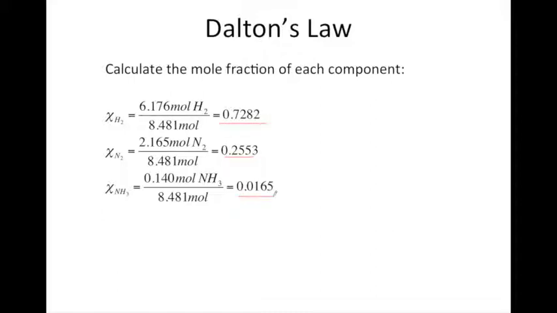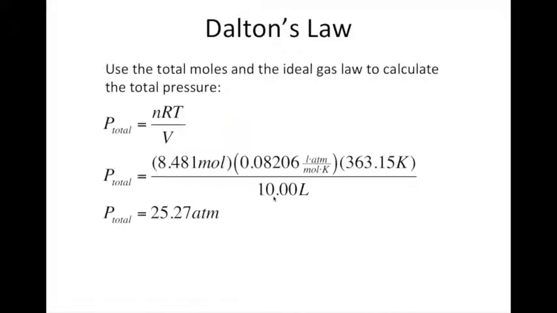Now to calculate the partial pressures, we need the total pressure. So to do that, I used PV equals nRT and I solved for P. Here, for n, I'm using the total moles, because I want the total pressure.